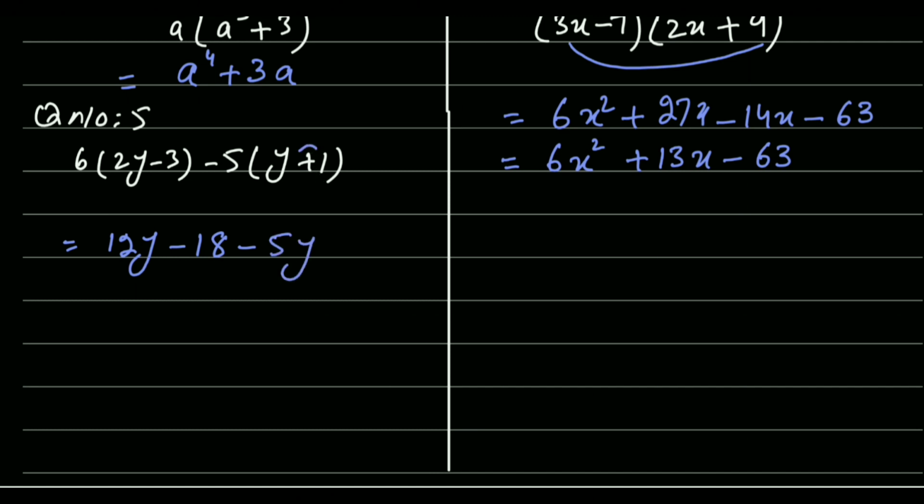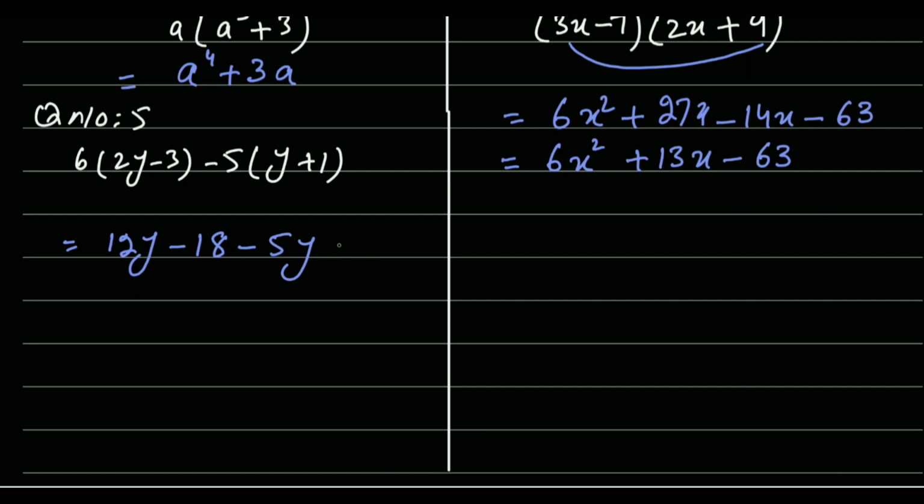And don't forget to change this sign because of this negative sign that is outside the bracket. This is the rule: if this will be negative, you have to change all the signs that will be inside the bracket.